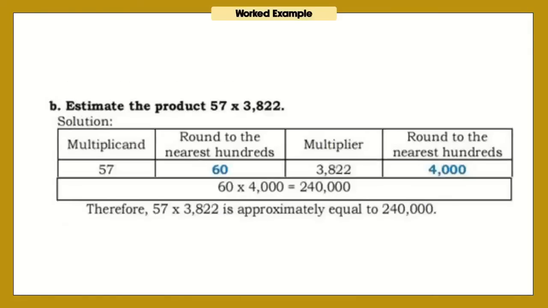Estimate the product 57 times 3,822. Therefore, 57 times 3,822 is approximately equal to 240,000.